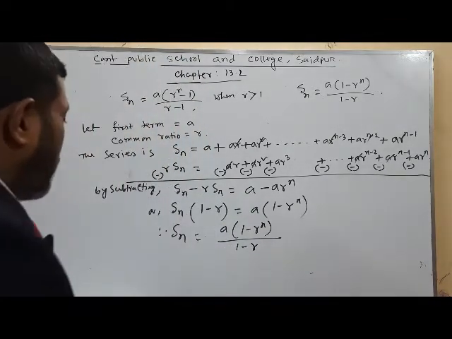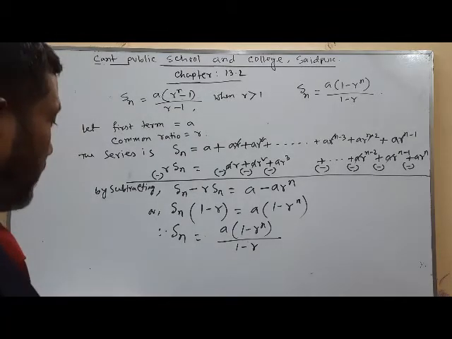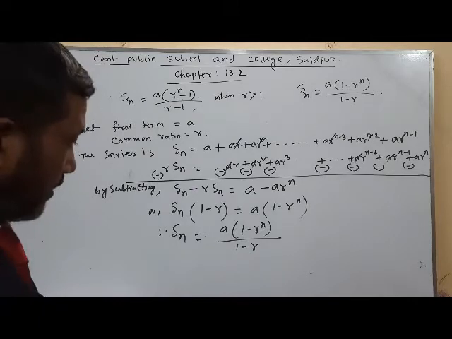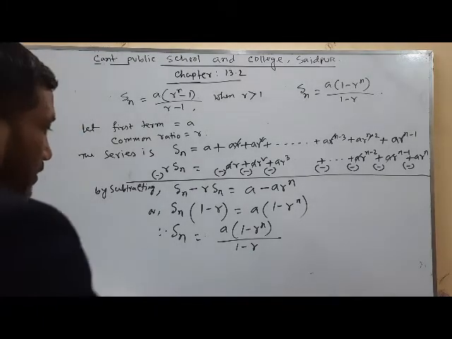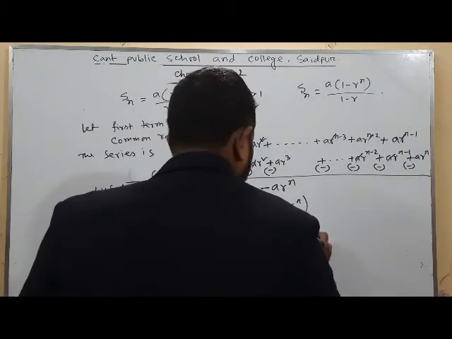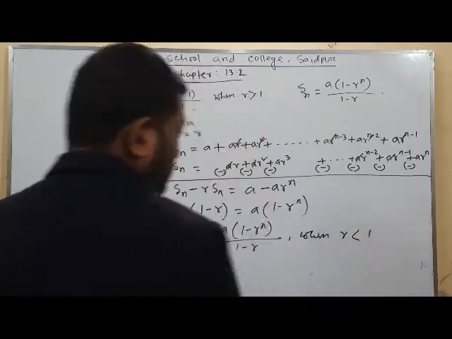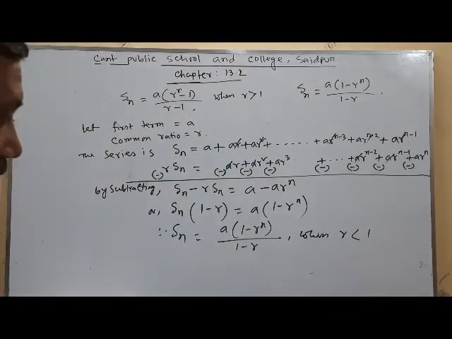The sum of the first n terms of a geometric series will be a into 1 minus r to the power n divided by 1 minus r. Here the value of r is less than 1.